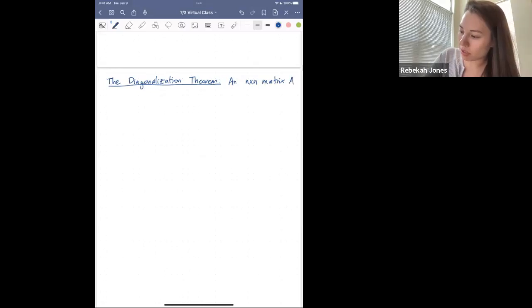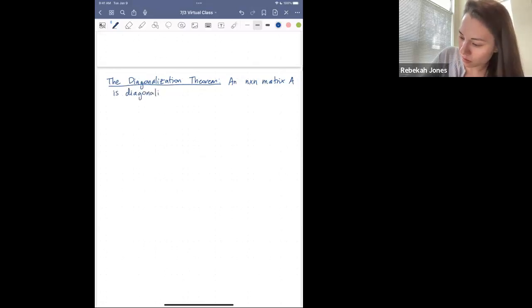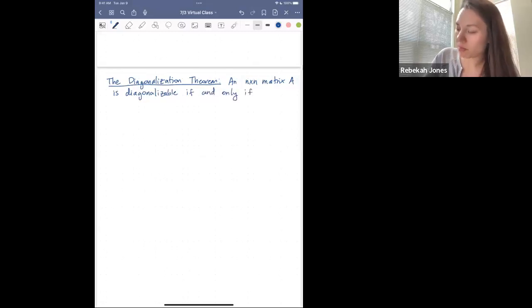So an n by n matrix A is diagonalizable if and only if A has n linearly independent eigenvectors.